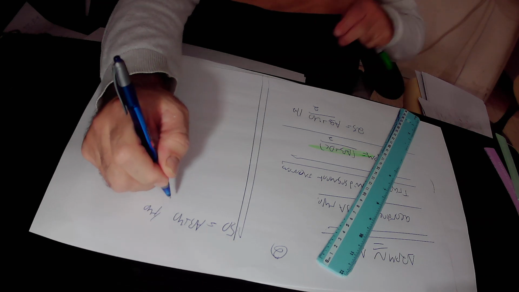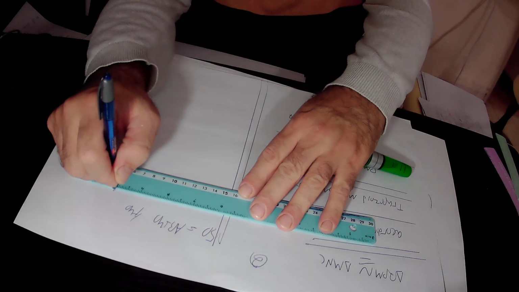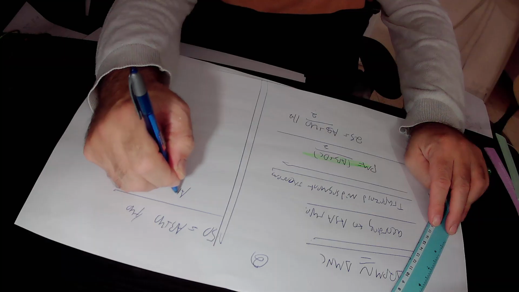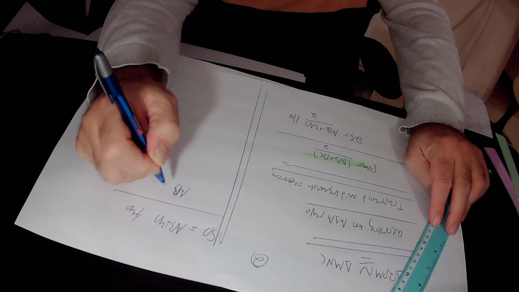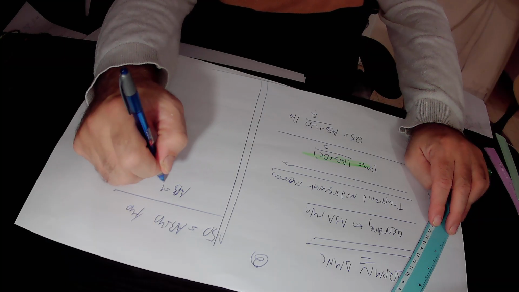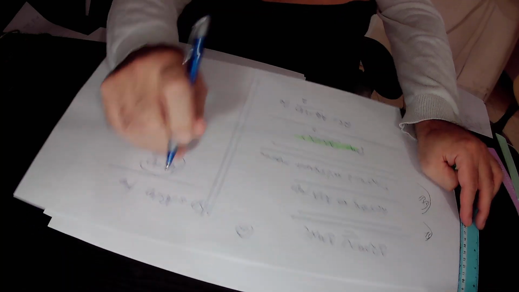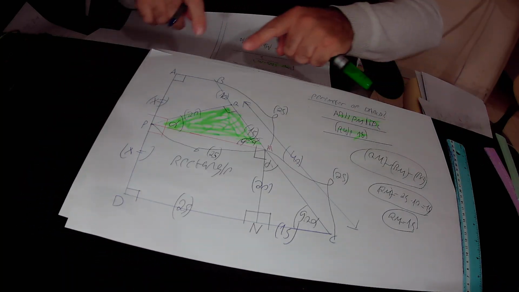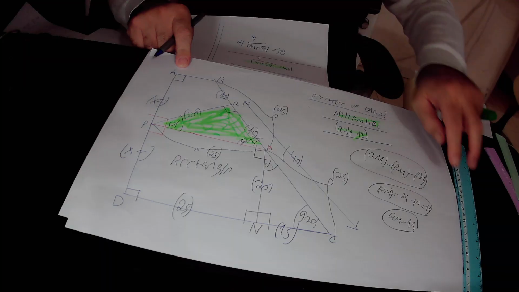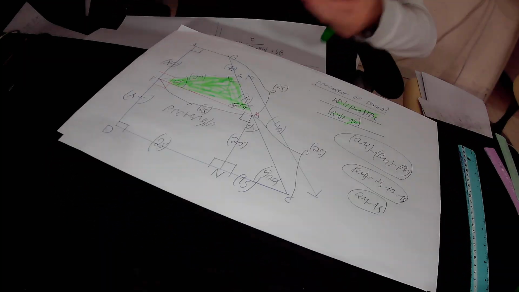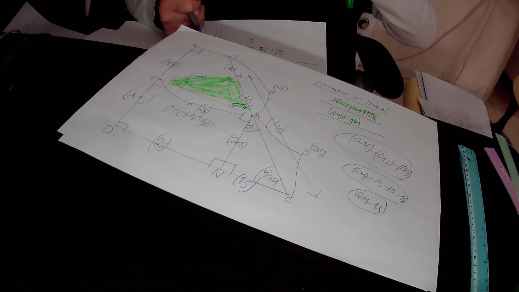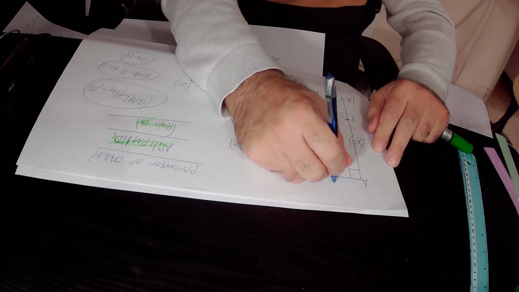Finally we get that the missing side AB is equal to 50 minus 40, which is 10. So AB equals 10 units in length. This is according to the trapezoid mid-segment theorem, of course.